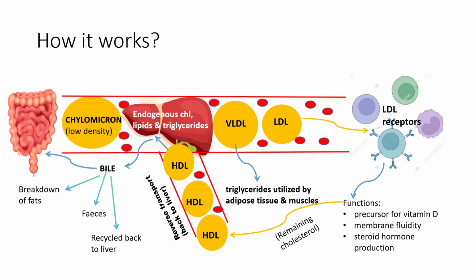This is basically how dietary cholesterol metabolism works in our body, how the breakdown of fats takes place, and what chylomicron, VLDL, LDL, and HDL are. I hope you now have a basic clear idea about how cholesterol metabolism works in our body.